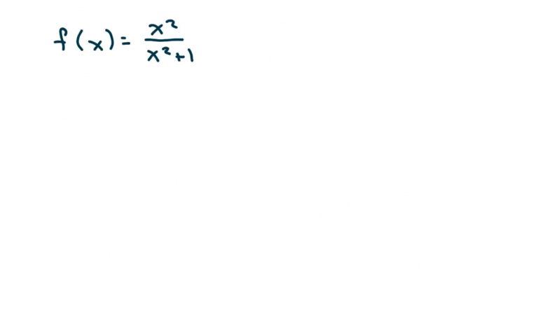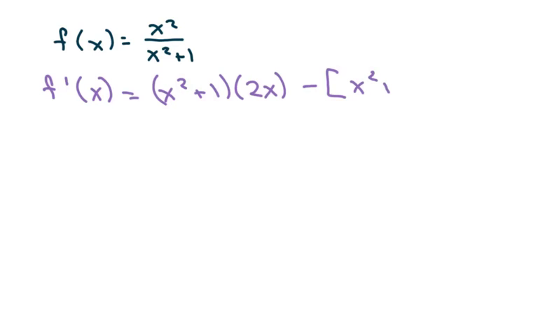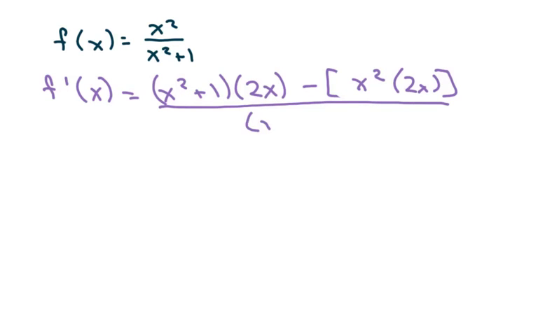Okay, the next one I have is this one, and so we're going to take the derivative of f, so it's going to be x squared plus 1, your denominator times the derivative of your numerator, minus x squared plus 1 times x squared times the derivative of the denominator, which is 2x, all over your denominator squared.